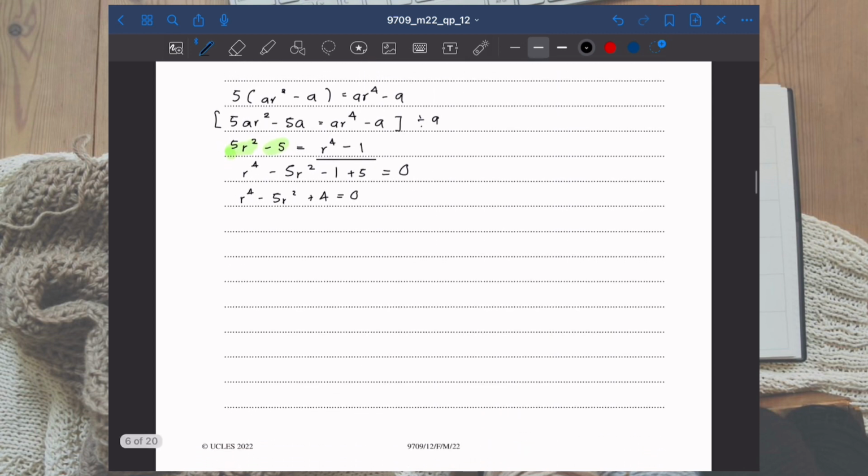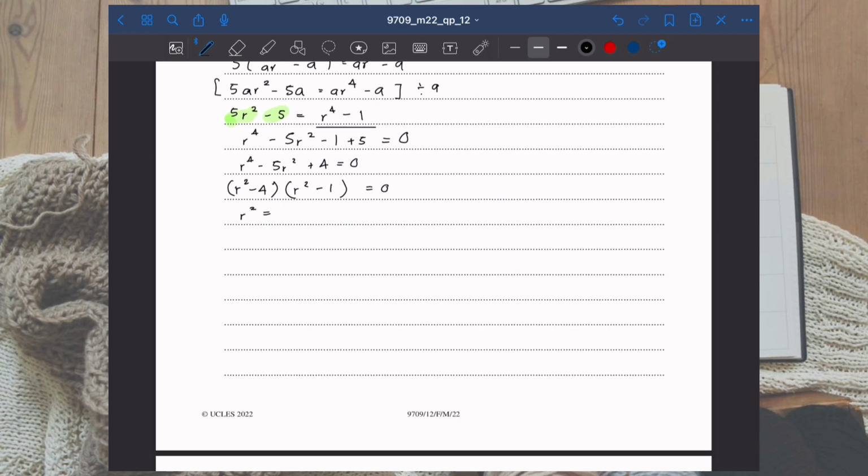Now we can factorize the equation. You can use your calculator for this. So we get (r squared minus 4)(r squared minus 1) equals 0. So r squared equals 4, or r squared equals 1.